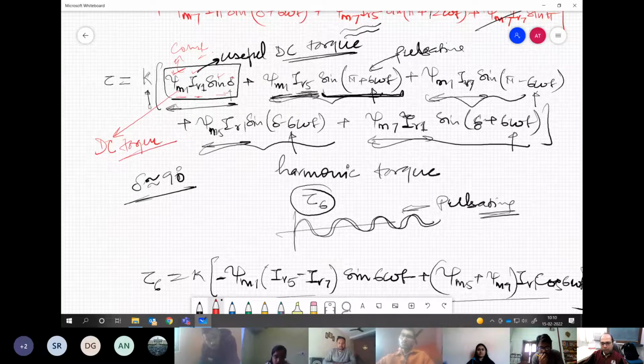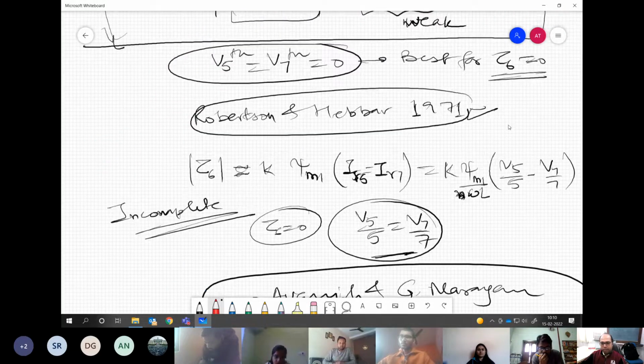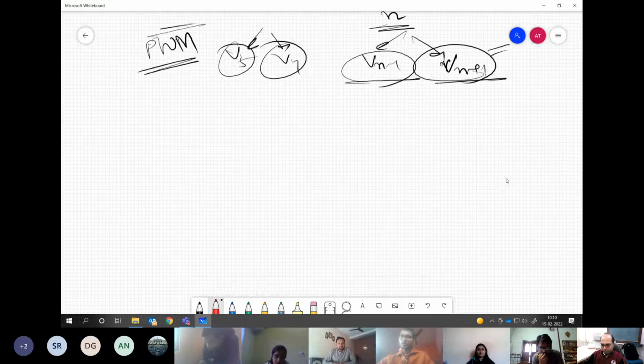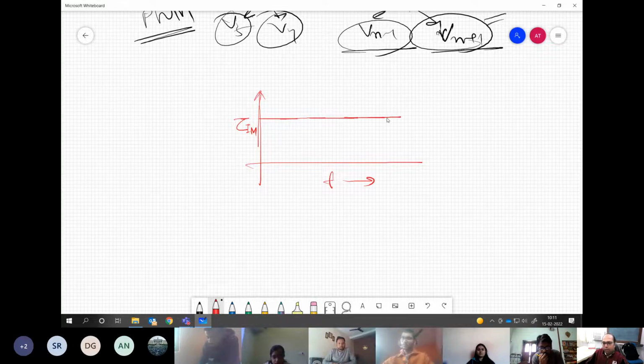If I plot the torque of the induction motor against time, not against omega, please note this. If you plot the torque for the induction motor against time at a given load, it should be a fixed DC value. Now when you have the PWM voltage applied on the motor, you have harmonics, let us say V5 and V7 are the dominant harmonics.